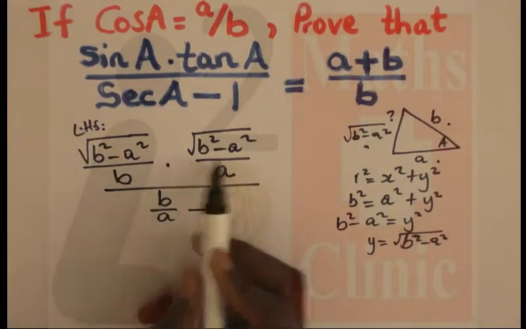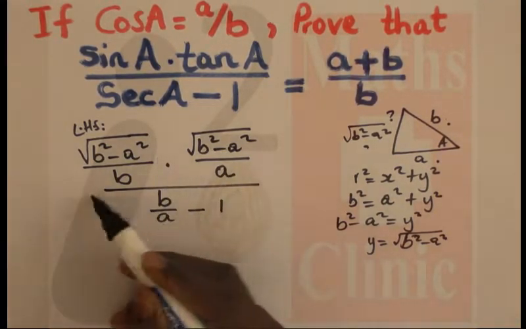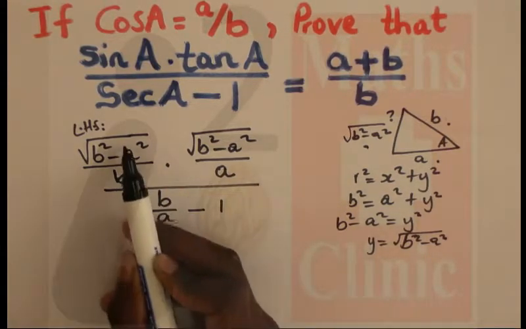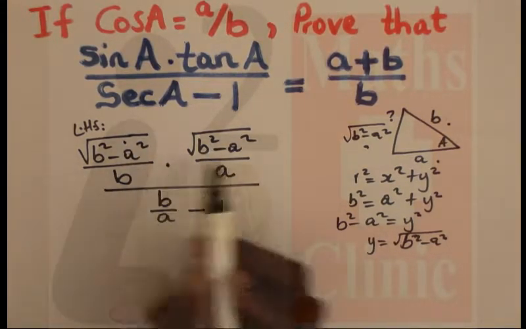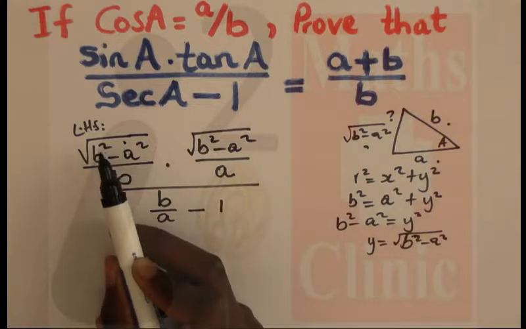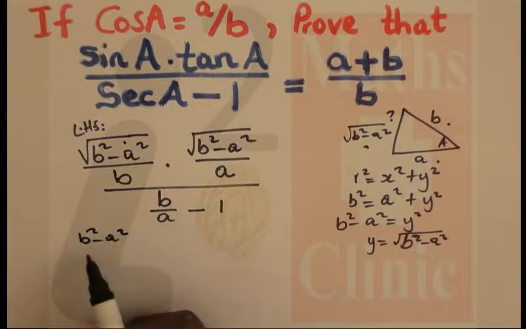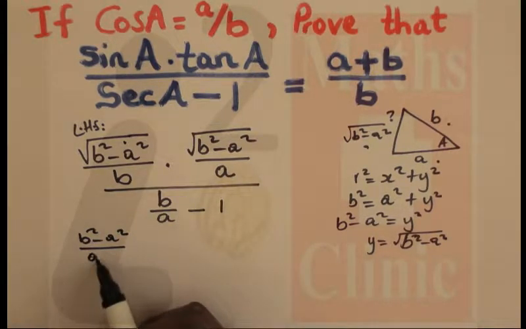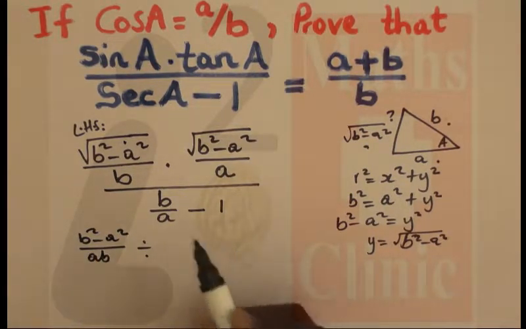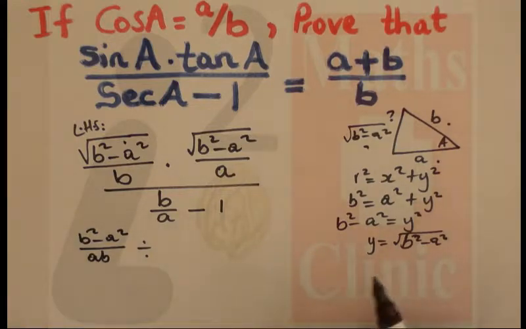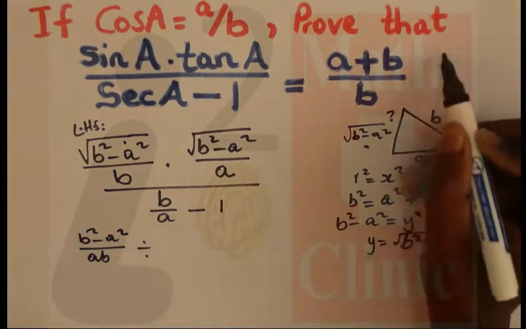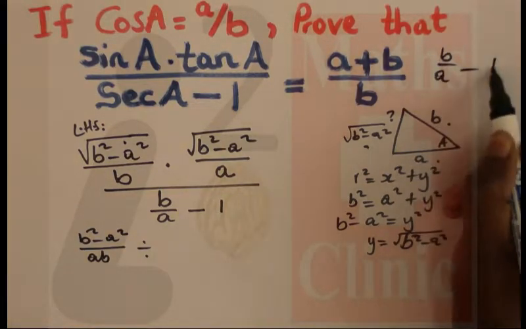Fine. Okay, so multiply the numerator. This is a bigger fraction, so we multiply the square roots: root of B squared minus A squared over B times A is AB. This is all divided by B over A minus 1.